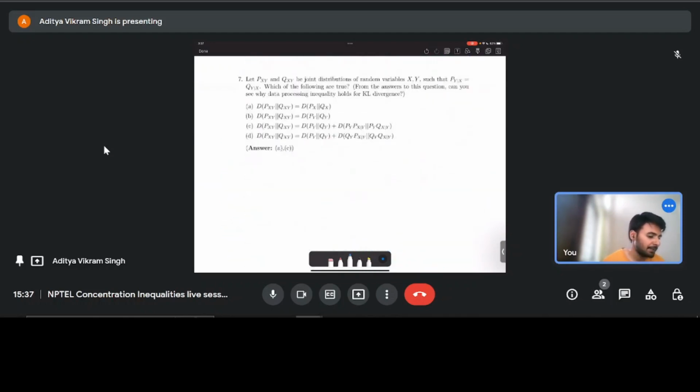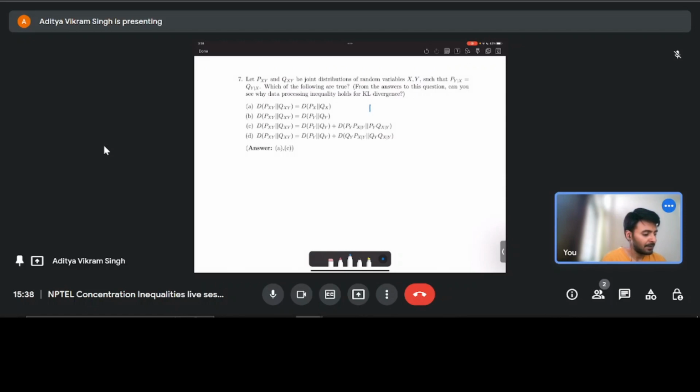Question number 7. Let P(x,y) and Q(x,y) be joint distributions of random variables x, y such that P(y|x) is the same as Q(y|x). Which of the following are true? From the answers to this question, can you see why the data processing inequality holds for KL divergence? Let's see if we can see this. Let's apply the chain rule.